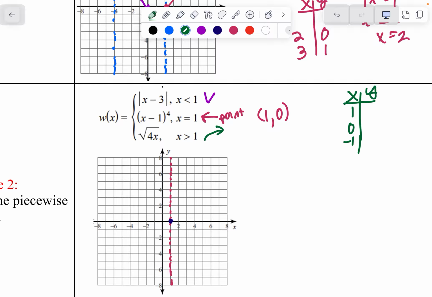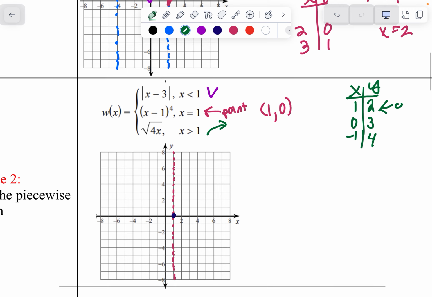If you plug in 1, you get the absolute value of -2, which is 2. If you plug in 0, you get the absolute value of -3, which is 3. If you plug in -1, you get the absolute value of -4, which is 4. Okay. So what we're finding is just one arm of the V, and that's very common when you stop the V. You can't make the entire V. Okay. So at 1, we're at 2.